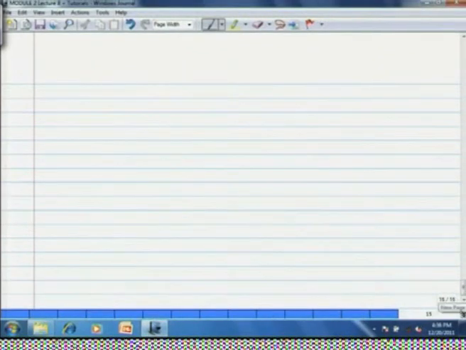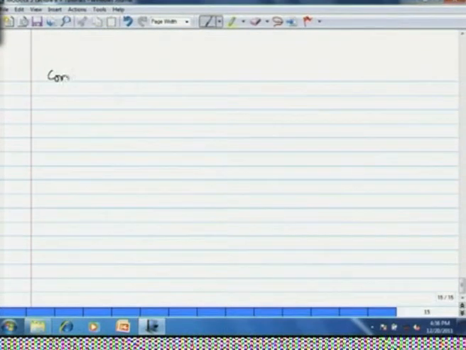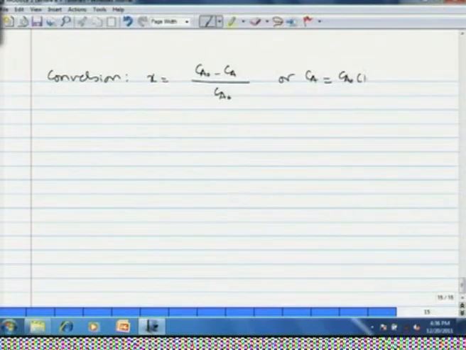Now, let us substitute both Ca and Cp in the definition of selectivity. But before that, we define conversion x as Ca naught minus Ca, initial concentration of A minus concentration at any time t, divided by initial concentration, or in other words Ca equal to Ca naught into 1 minus x.